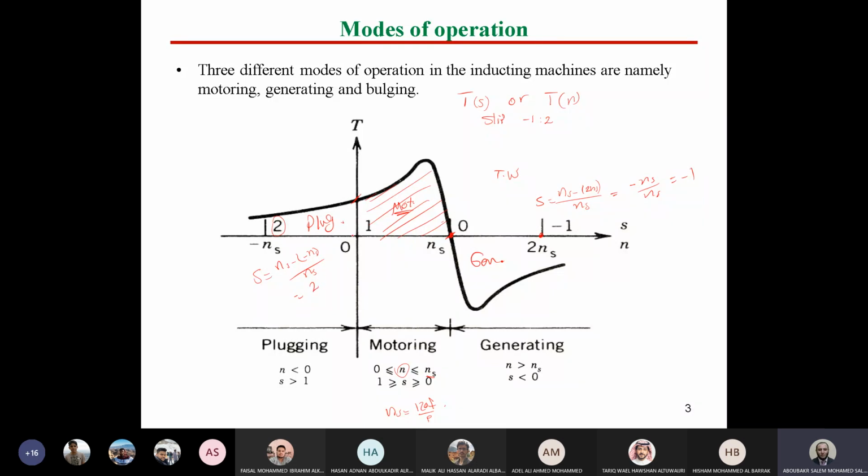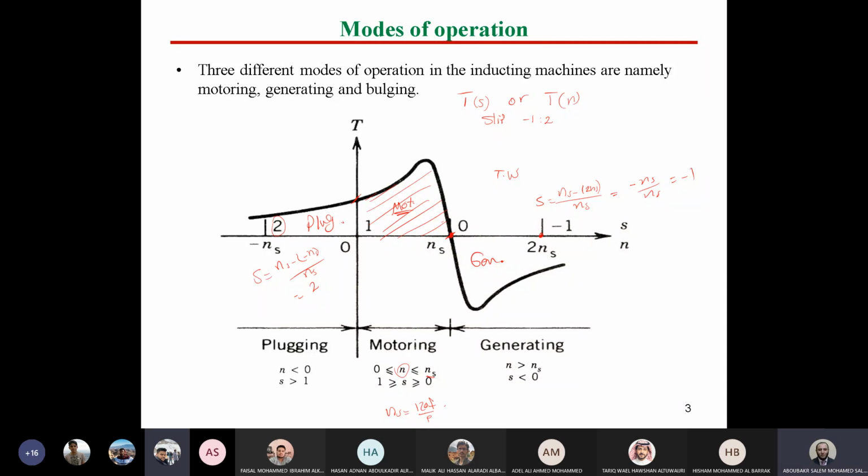So for slip from 0 to 2 per unit, the mode is plugging mode. How we can control the machine to work in the three different modes, we are going to discuss in more details.